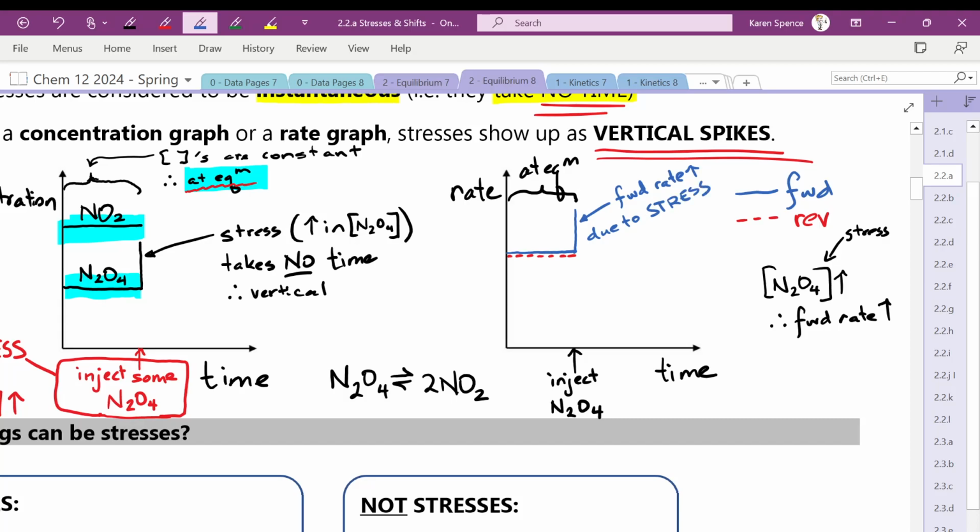And a stress is instantaneous. Okay, therefore it is vertical. So that's our forward rate.